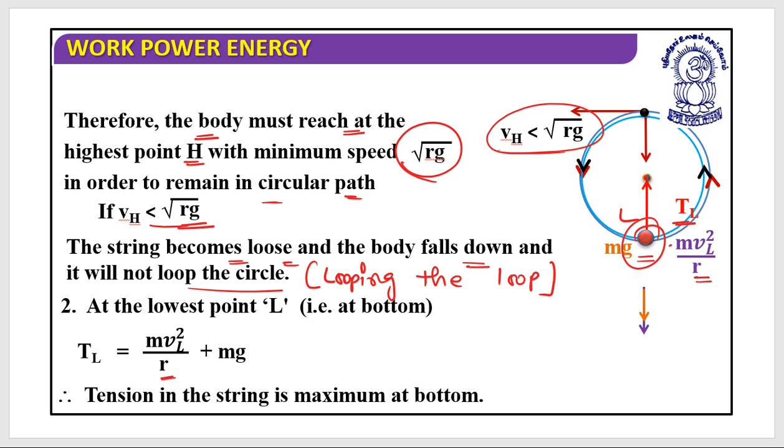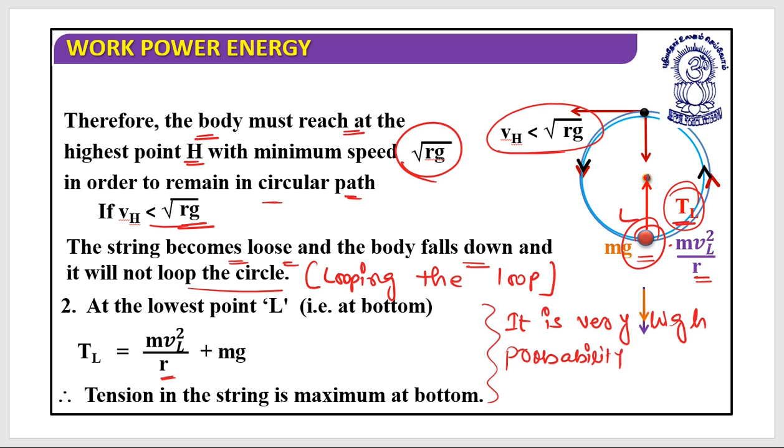What I understood is that tension in the string is maximum at the bottom point, and that's why there is a very high probability to break the string at the lowest position. I hope this is clear.